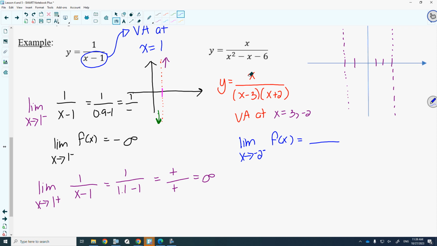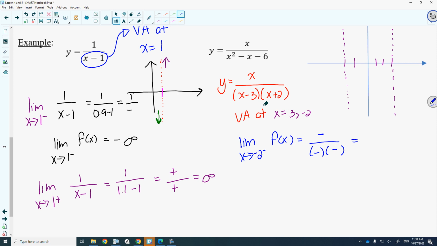That would give me a negative number if I put negative 2.1 here. Then I'm going to put negative 2.1 in this factor. Negative 2.1 minus 3. Do you agree that that would be a negative number? So that guy would be a negative. And negative 2.1 plus 2, Shaywa, what would I have here? That would be a negative number as well.